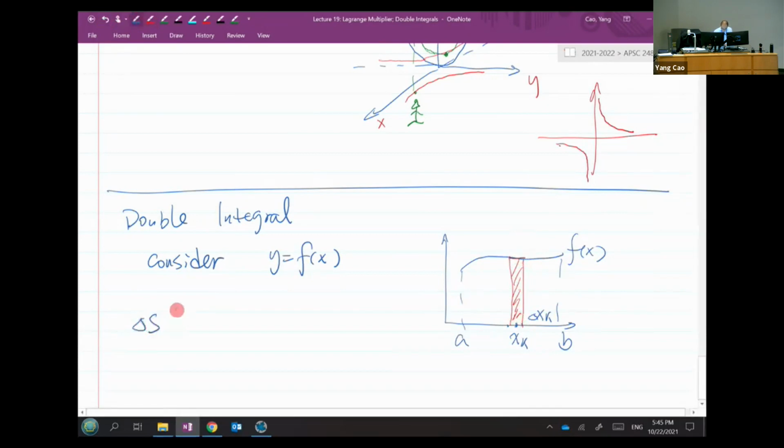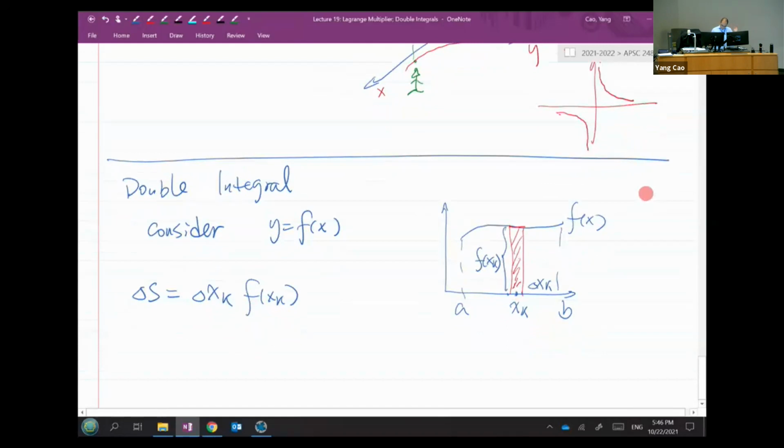The area of the little strip equals the base length, delta x_k, multiplied by the height, which is f of x_k.